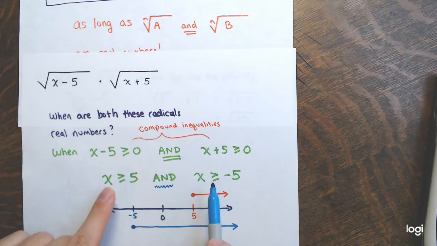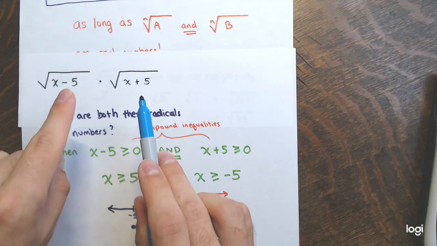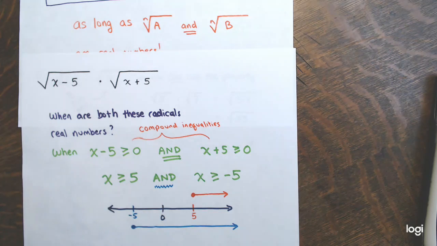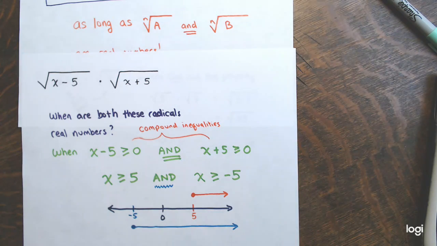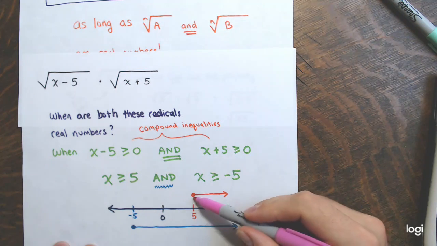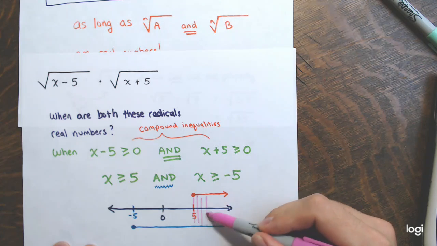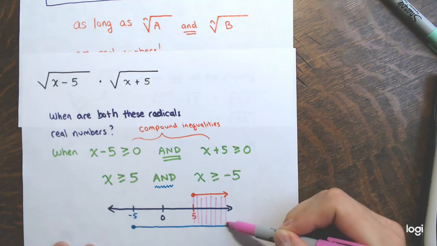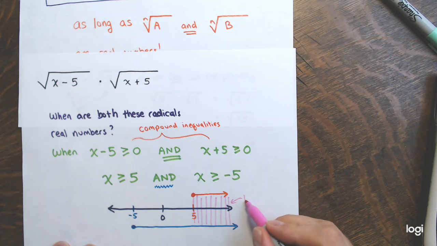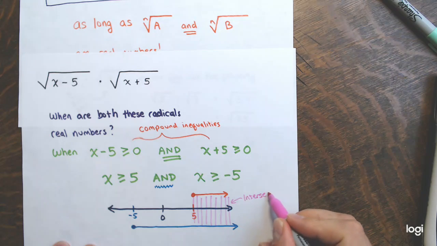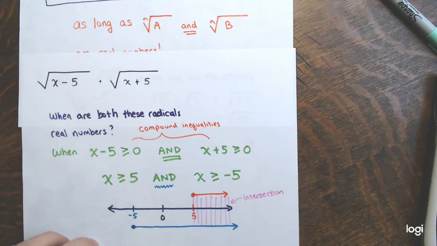I need both of these to be true in order for both the radicals to be real numbers. Look at where the overlap is. We're looking for the intersection. And that's all these numbers over here. All the numbers 5 and greater are in both of these solution sets. This is the intersection of these two.